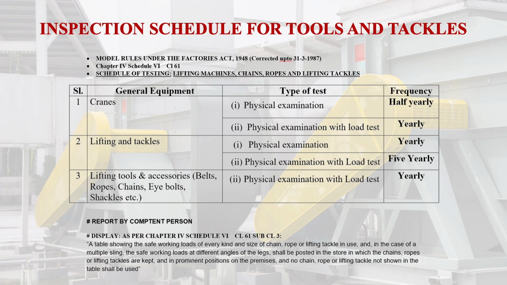Why? Because sometimes we have to carry out some delicate operations, then these inspections are carried out in advance. Lifting tools and accessories like belts, ropes, chains and eye bolts, shackles we have discussed in the previous slide.